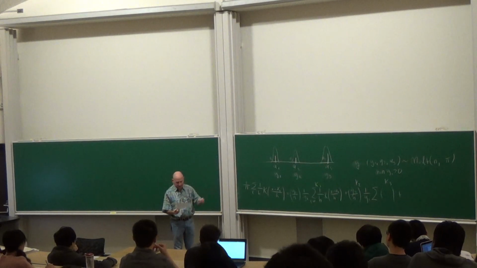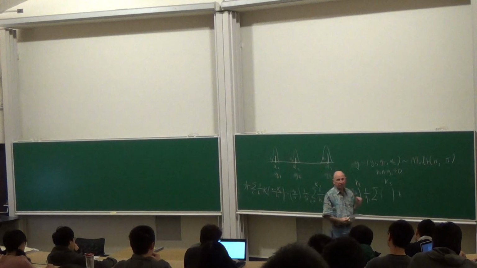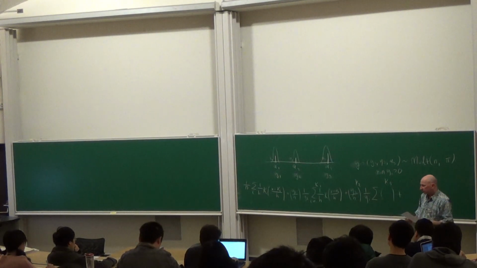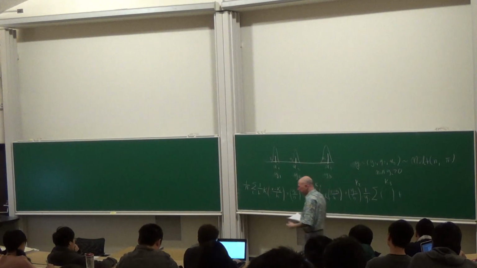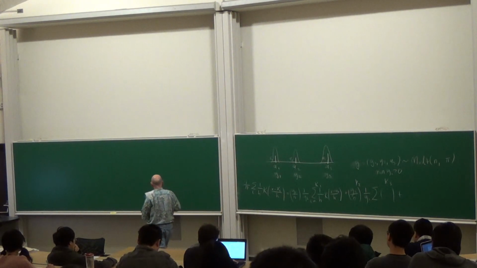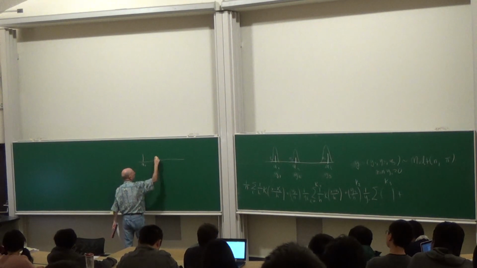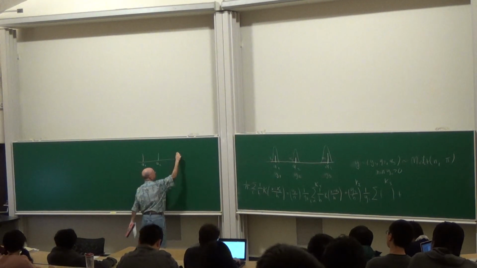And show that k-means clustering will also return the same thing, as long as k is at least as big as m, the number of components. So again, let's draw this again. Have a discrete distribution.